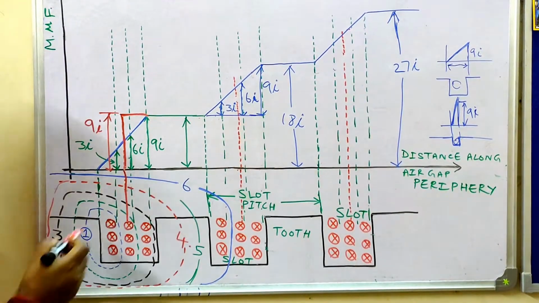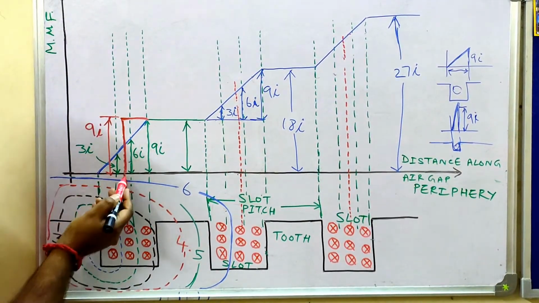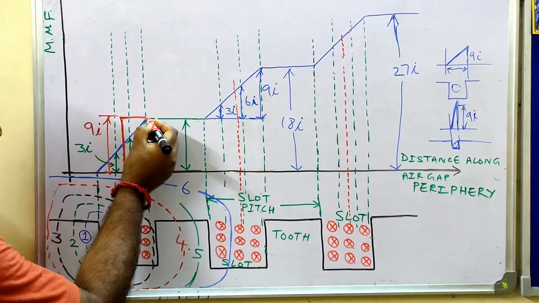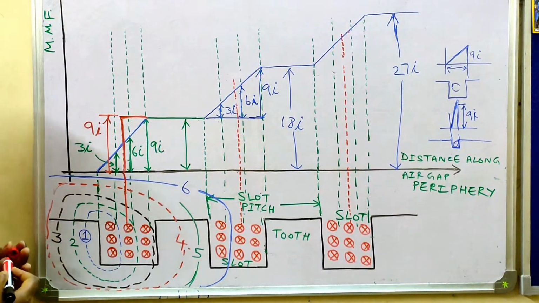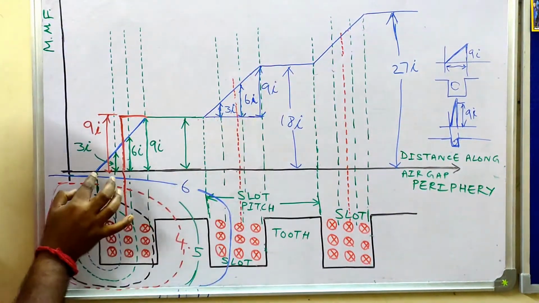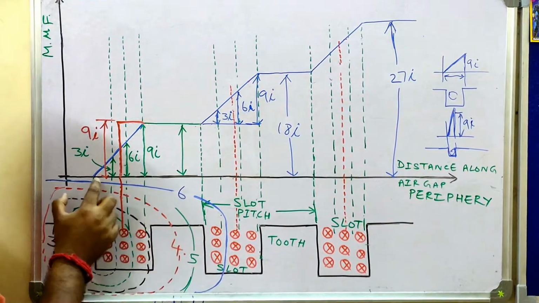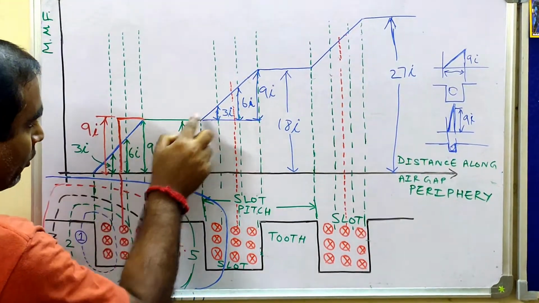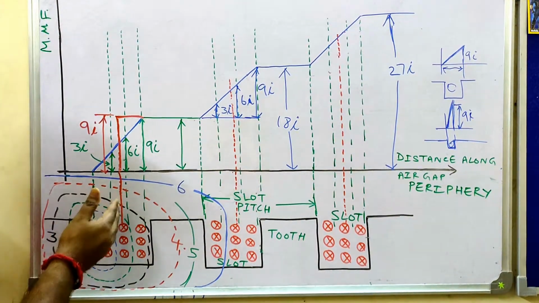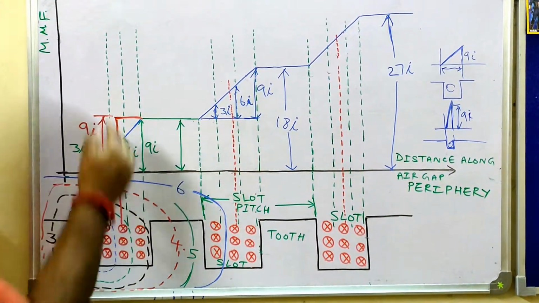But the only difference is that you are showing this change by a step jump at the middle of the slot, not by a uniform linearly rising manner. So actually the variation is linearly rising only. The actual variation of MMF over the slot pitch is linearly rising only. But for our convenience, we approximate this by a step jump at the middle of the slot.